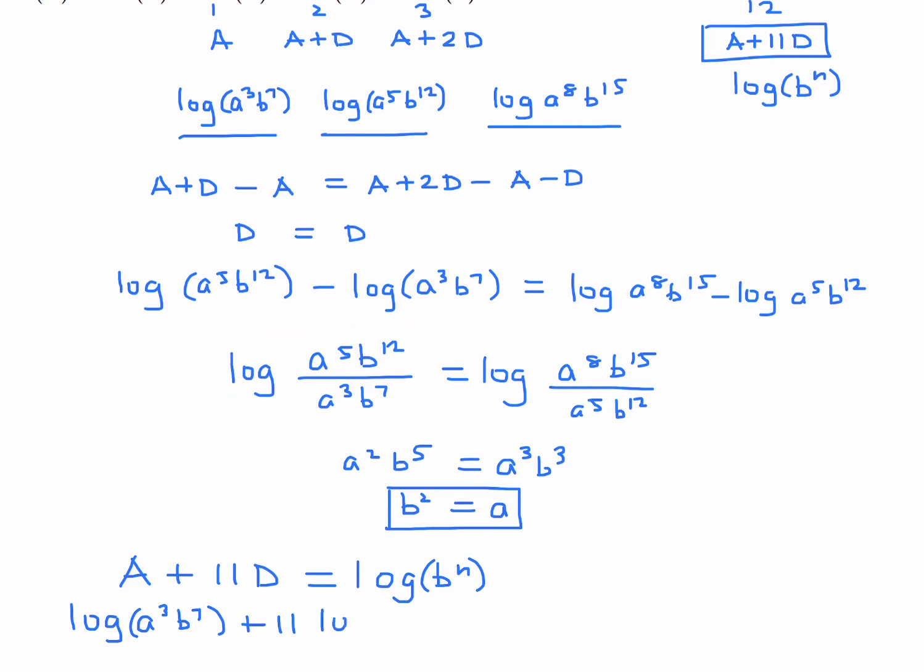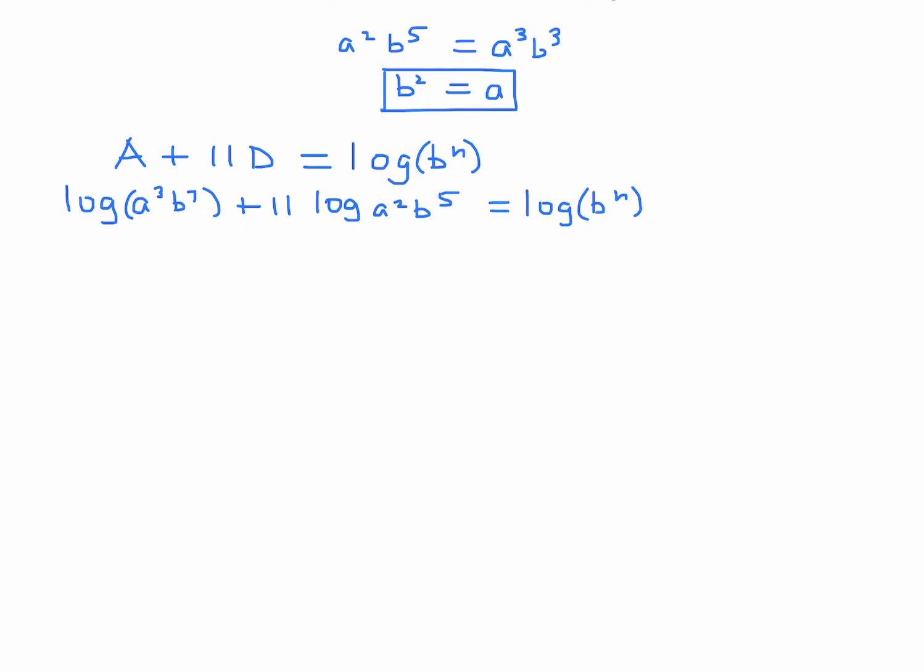And the good news is we've already simplified that right here. So it's 11 times the log of this simplified, which is a squared b^5. Correct? Hope you're following. I'm not doing anything tricky here. Okay. And then this is equal to the log of b to the n. All right. So this is what we have to solve, keeping in mind that a is equal to b squared.